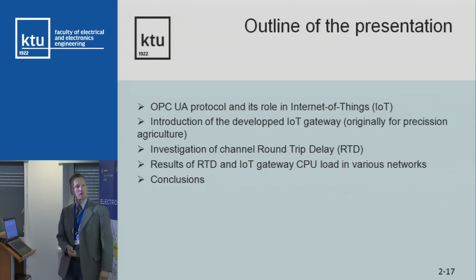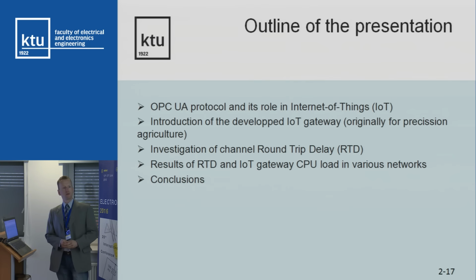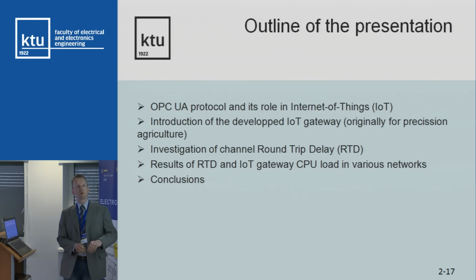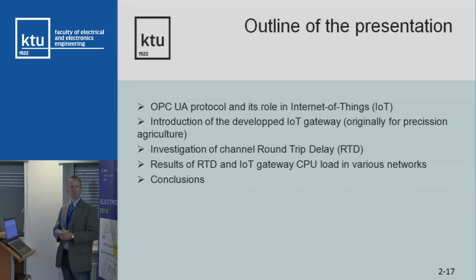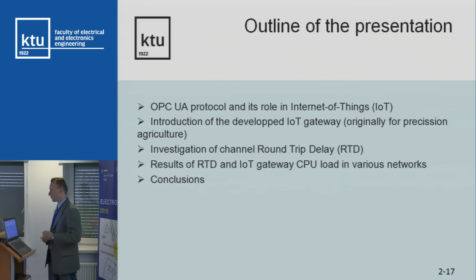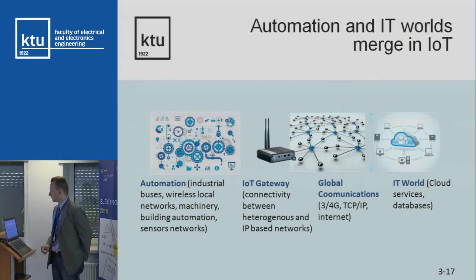Then the investigation itself and the results, including the CPU load and the impact of this communication on the CPU load. At the end it turns out that it is one of the limiting factors as well, not only the infrastructure of networks, but also the hardware capabilities of that device. And conclusions at the end.